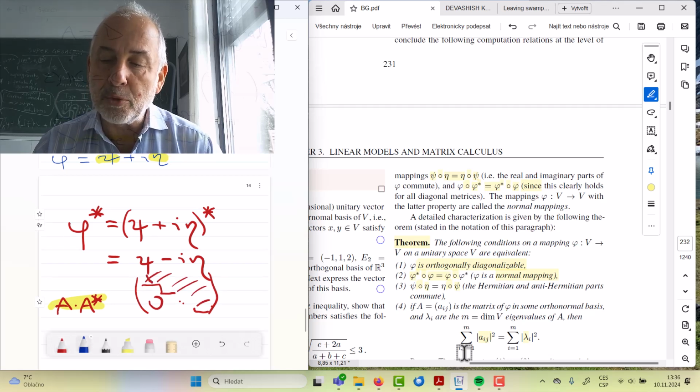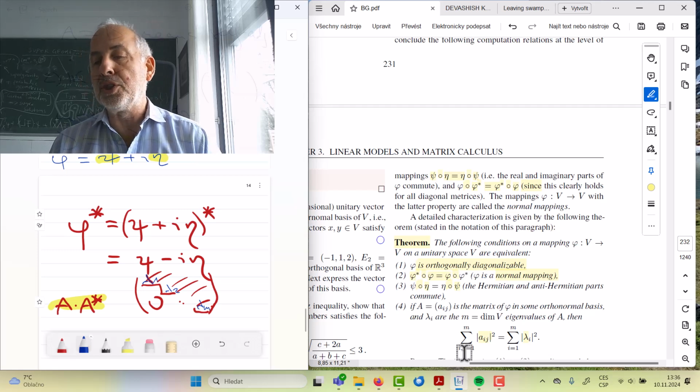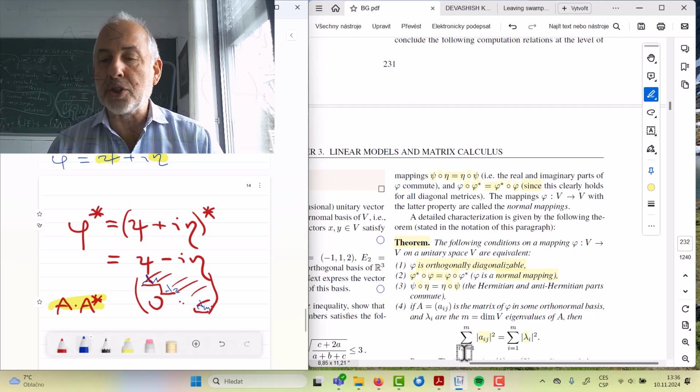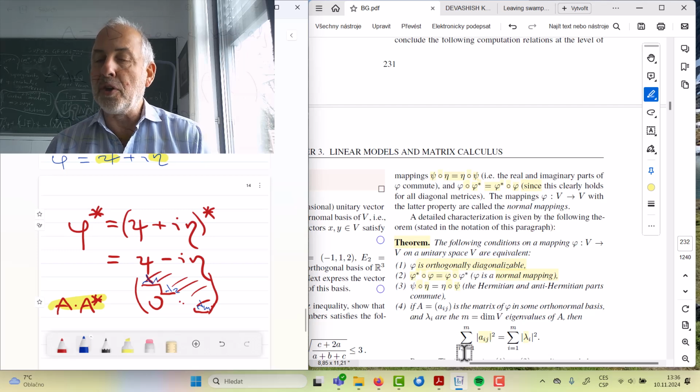There will be the eigenvalues here, and we shall come to this claim later in some other discussions. It's not that difficult to understand.